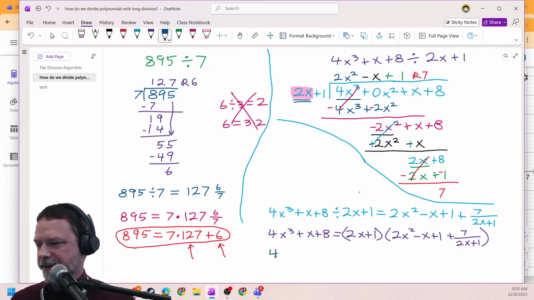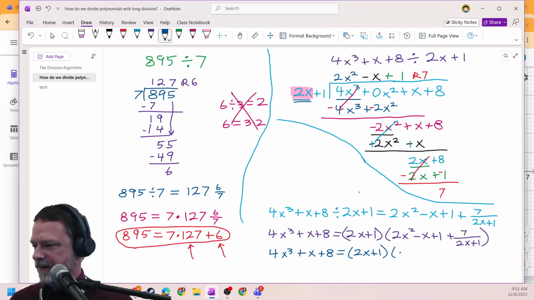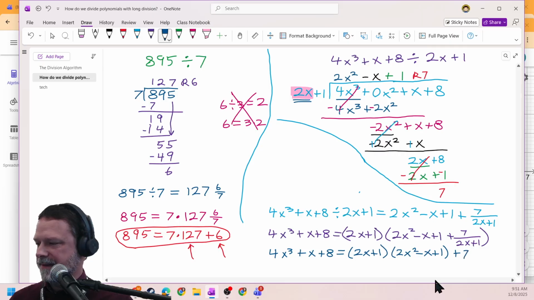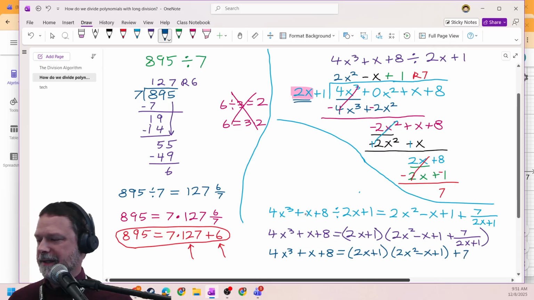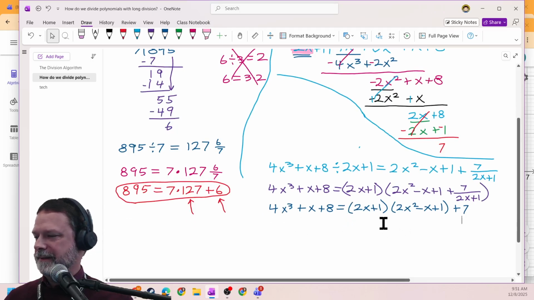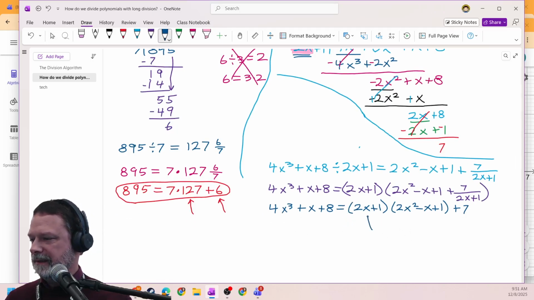I could say 4x cubed plus x plus 8 equals 2x plus 1 times all that 2x squared minus x plus 1. And then we have our remainder of 7. So there are the 3 ways I could do it. Again, this was my divisor.